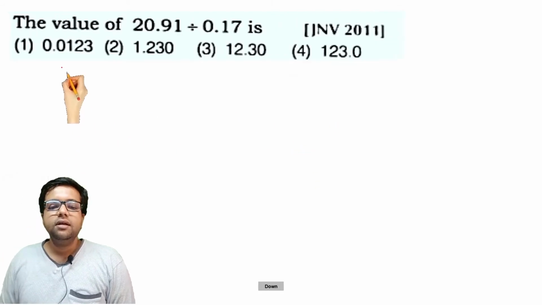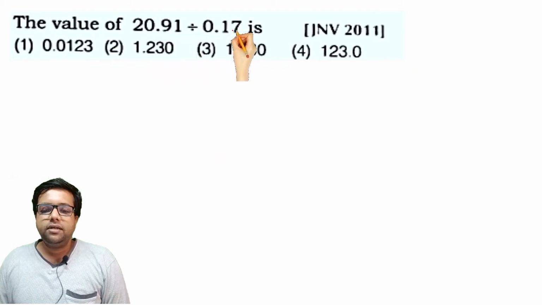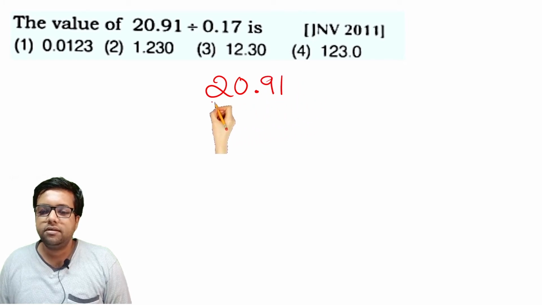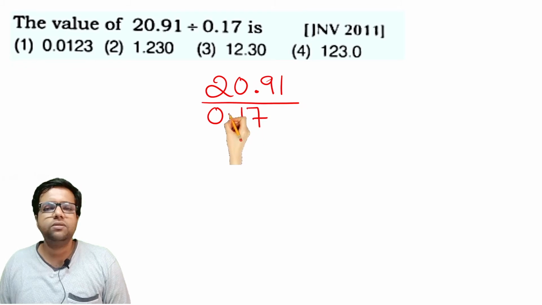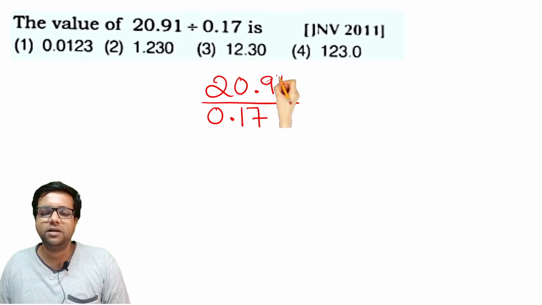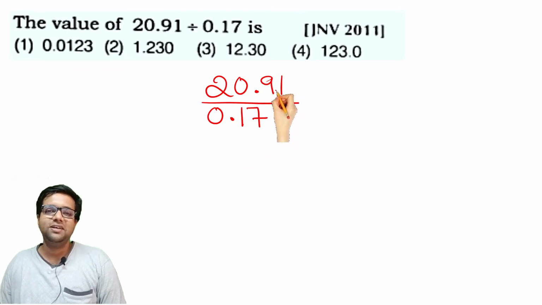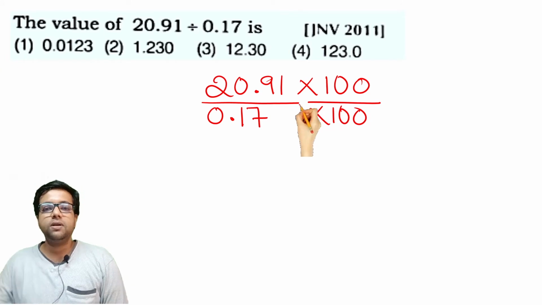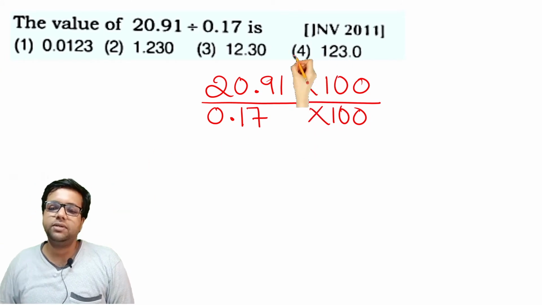The value of 20.91 divided by 0.17 is, okay, this is very easy. Do we know the tables of 0.17 in order to divide 20.91? We don't know, right? So we will multiply by 100 on the numerator as well as on the denominator. Why do we do that?